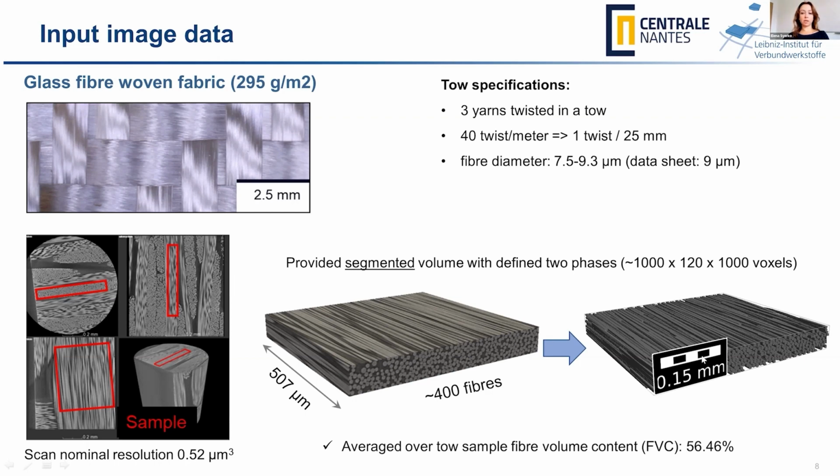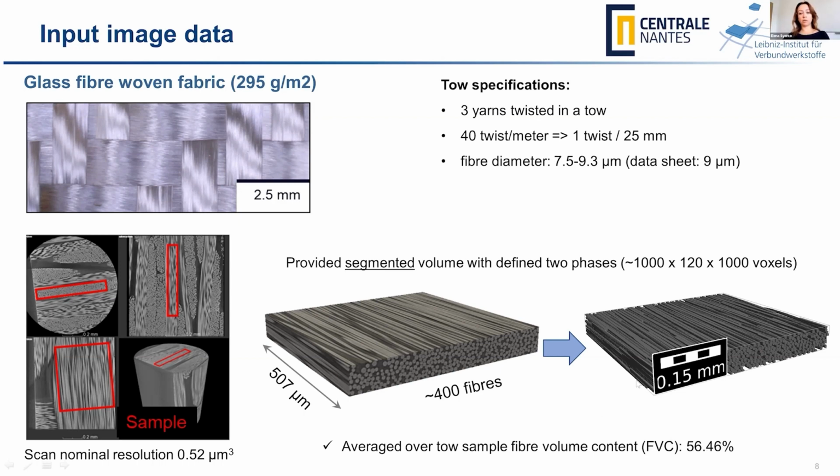So here you can see the segmented image we provided, a binary image with this size, approximately 120 million voxels, and the averaged fiber volume fraction over the sample was 56%.